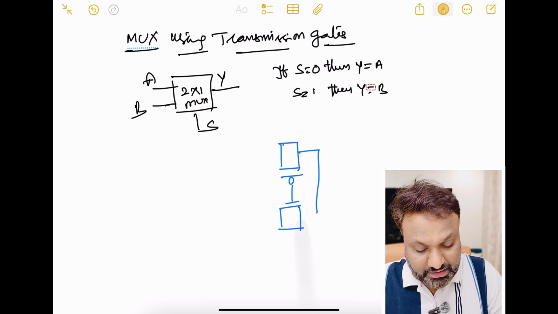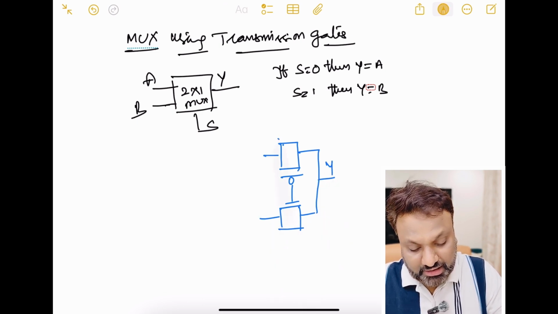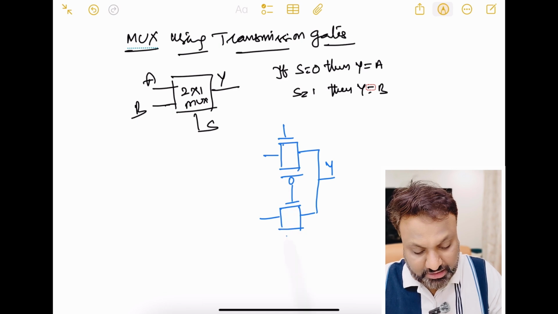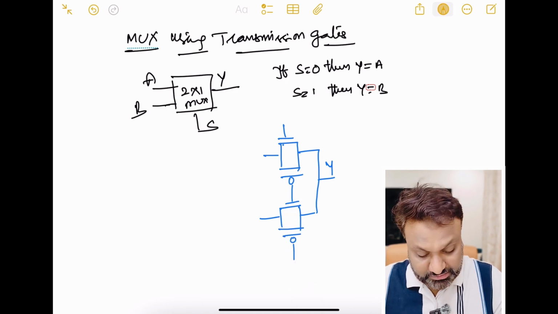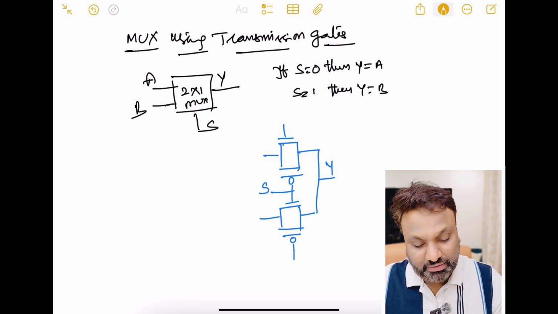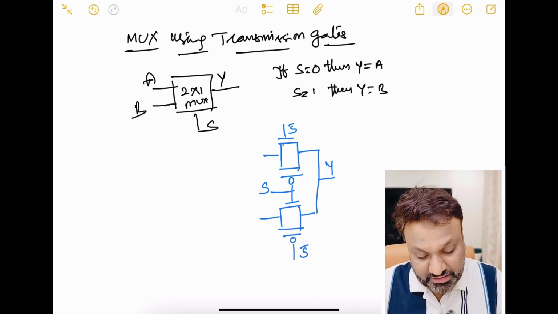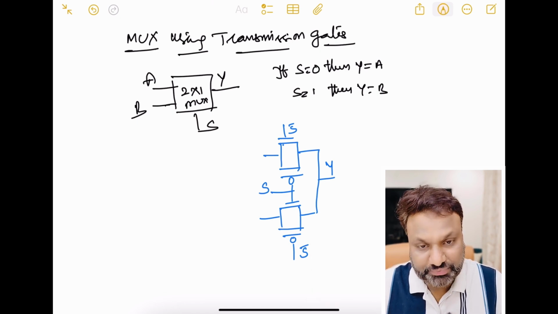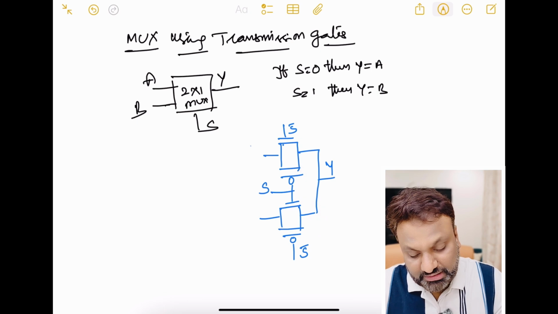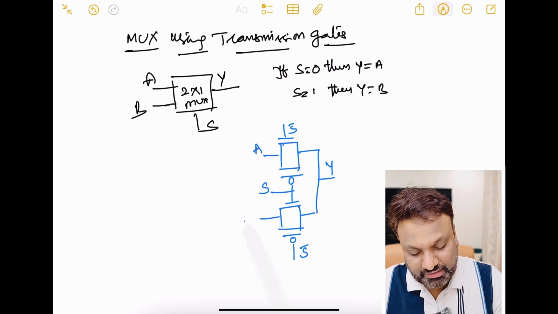We will be connecting the output here, and I have an NMOS here and a PMOS here, correct? This should be equal to S, and this is S bar. So if S is equal to 0, then A will be my output, and if S is equal to 1, B will be my output.